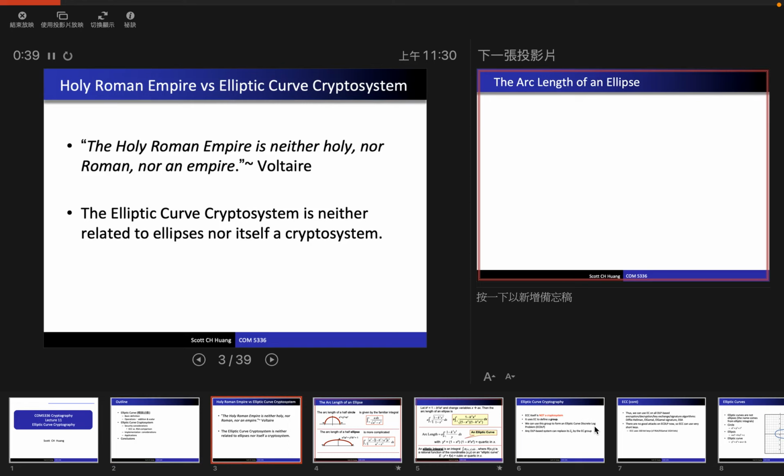It's a joke. The great French writer Voltaire said the Holy Roman Empire is neither holy nor Roman nor an empire. It's neither holy because it's a regime, so it's definitely not holy, nor Roman because they're Germans actually.